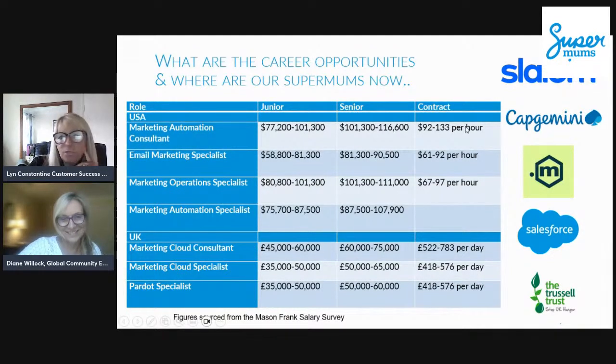You can read it there. So you're looking at possibly on a contract from 92 to 133 dollars per hour, or 522 to 783 per day for a cloud consultant, and obviously going up from there. As you go through and get more experience, you can earn some really good money in this space.